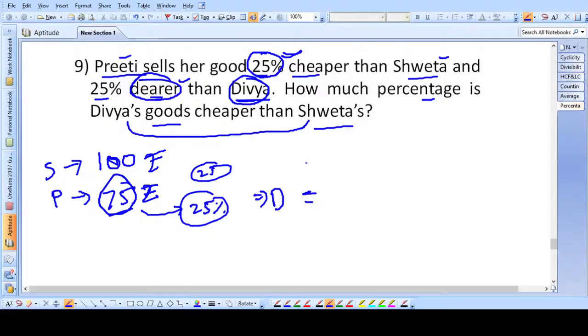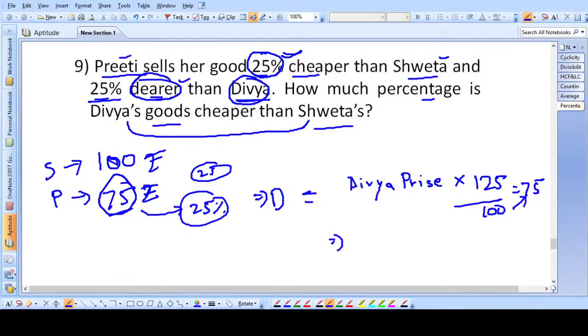So you just multiply Divya's price by, just increase by 25%. That means 125 by 100. That is the cost of Shweta's price. So what will Divya's price come out to from here?